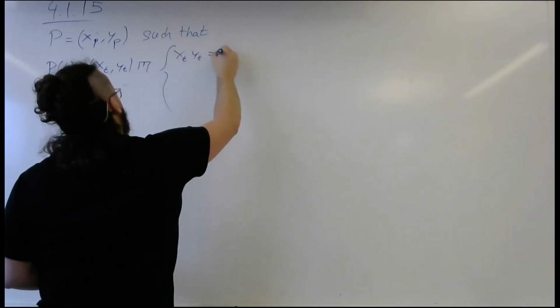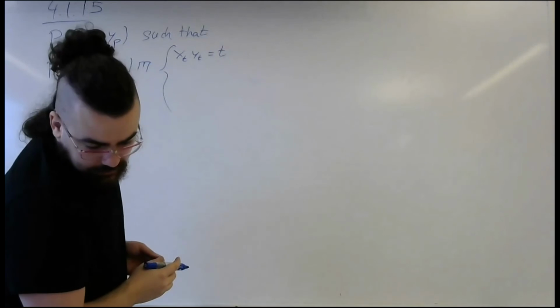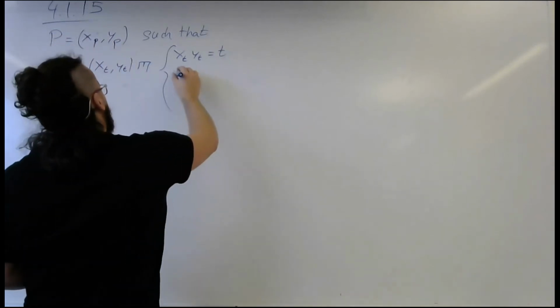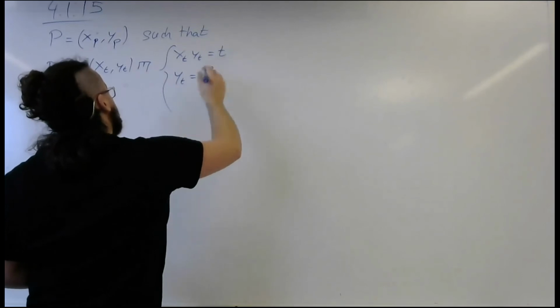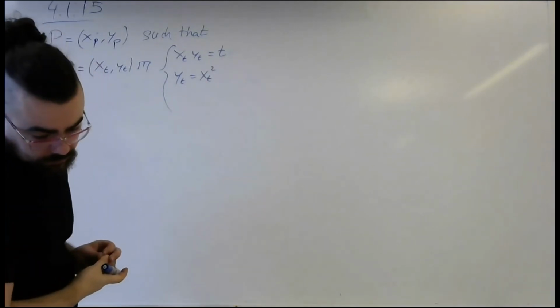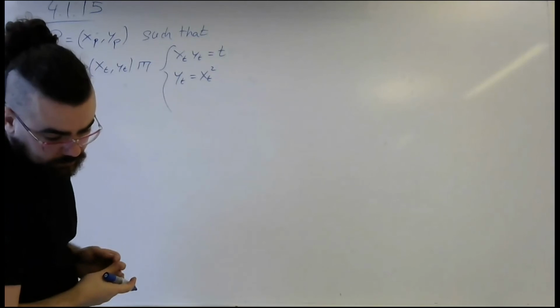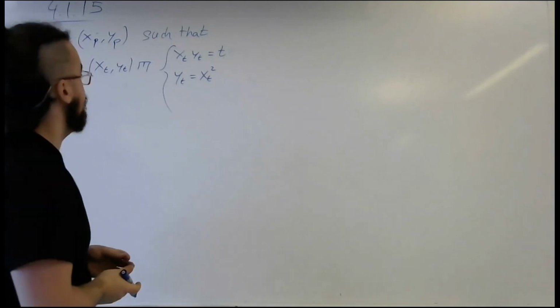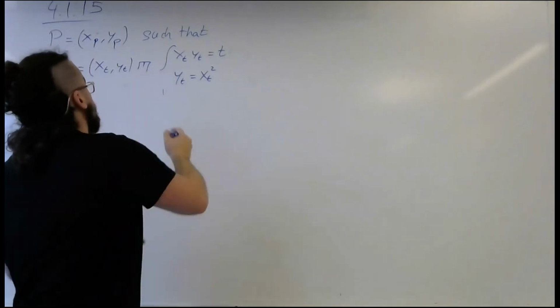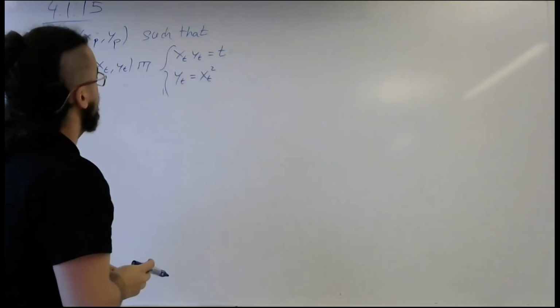x(t) y(t) equals t, and y(t) equals x(t) squared. Okay. So let's see what we can do here.